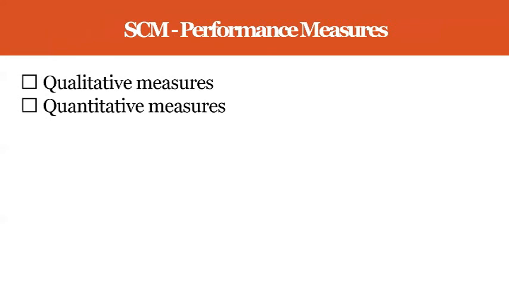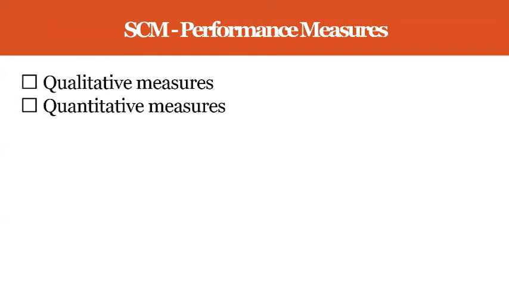So let's proceed with the performance measures. So we can measure the SCM through qualitative and quantitative measures. So when we say qualitative, for example, we have the customer satisfaction and the product quality.